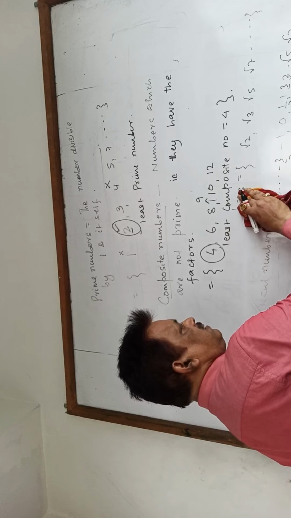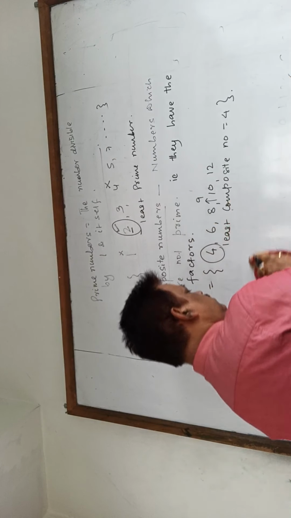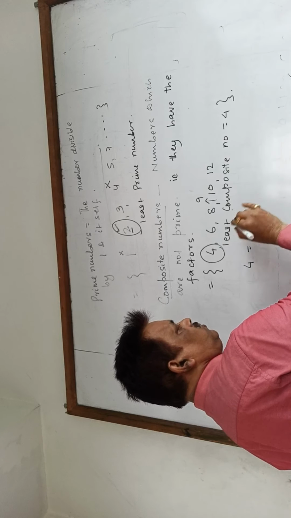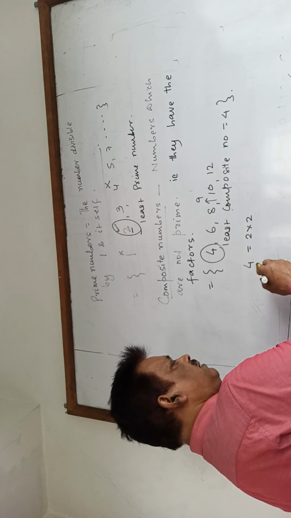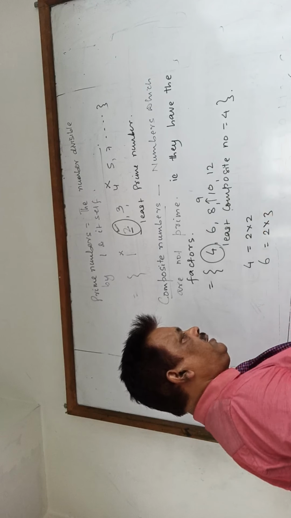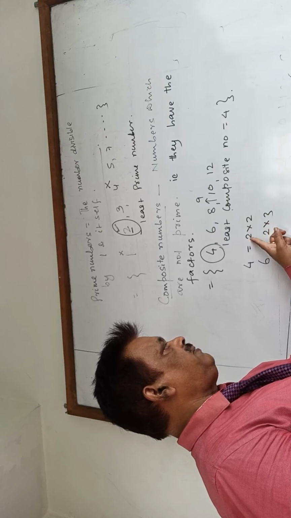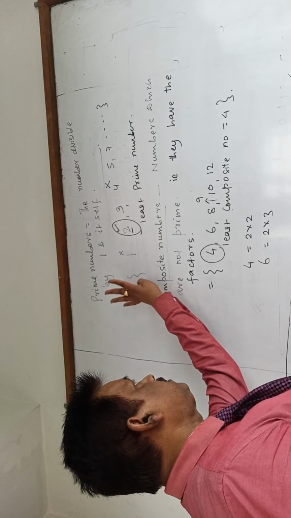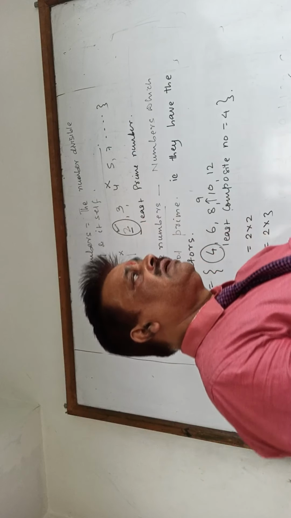Be clear on this. When I write 4, I have factors 2 and 2. When I write 6, I have factors 2 and 3. So when they have prime factors like this, they will be called composite numbers. So these are the background about the number system.